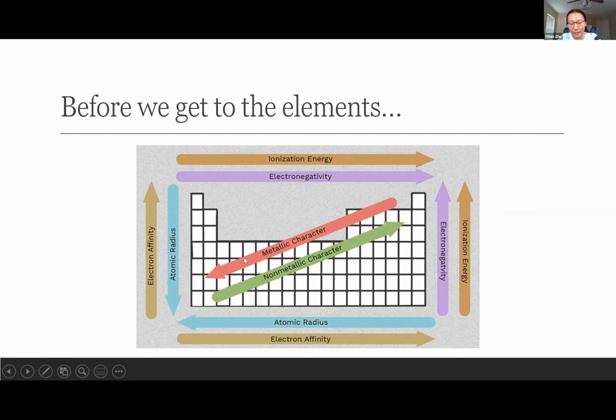That's because you're adding a new electron into a shell and nobody's really controlling that electron. It's kind of just going woo all over the place. But as you keep adding more, you're also increasing the number of protons in the nucleus of the atom. And as you add more protons, you have more force to pull them in and control them.